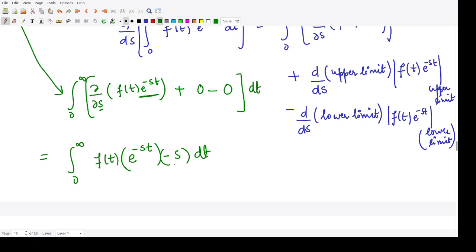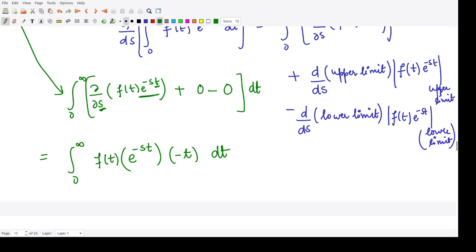So what we have to prove? I'm sorry, because here it won't be minus s. Because we are taking the derivative with respect to s, the coefficient would be required here, so it would be minus t into dt.